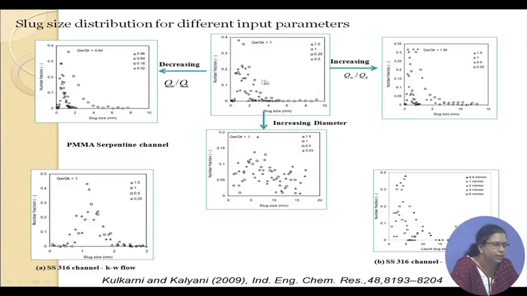They have performed experiments in a PMMA serpentine channel for 2 different diameters, and apart from doing experiments on water kerosene, they have also done experiments on air water flow.